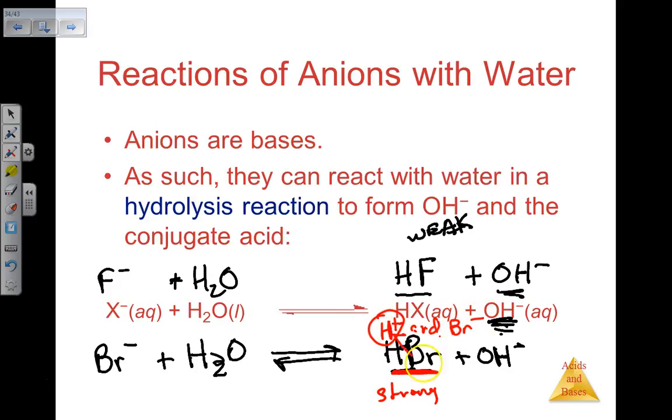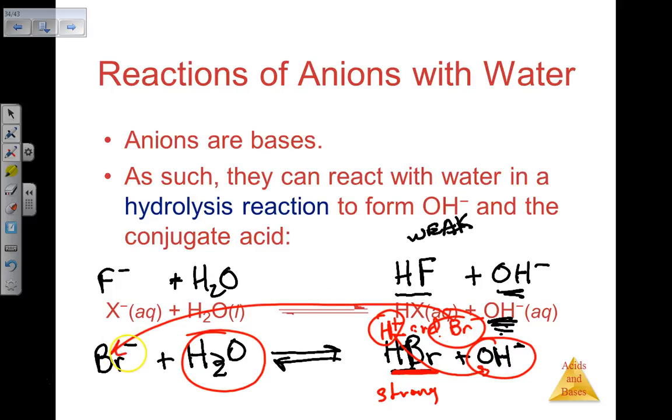The H plus and the OH minus react to form your water, and the Br minus is still floating around. So if it is the conjugate of a strong acid, it's not going to change the pH. Only conjugates of weak acids will change the pH.